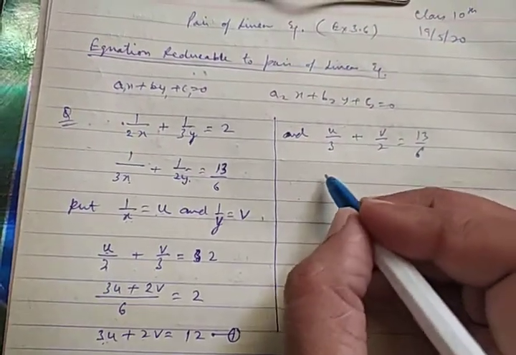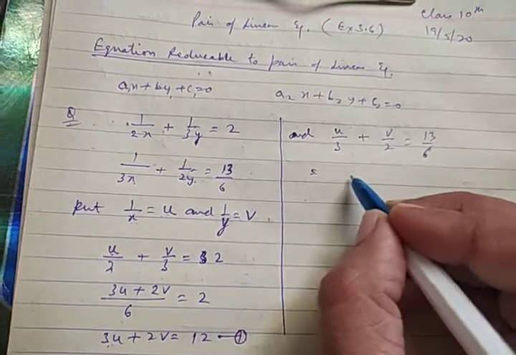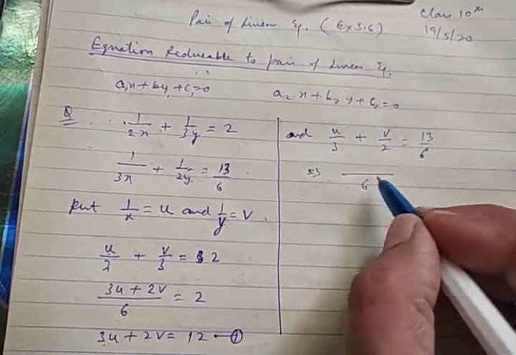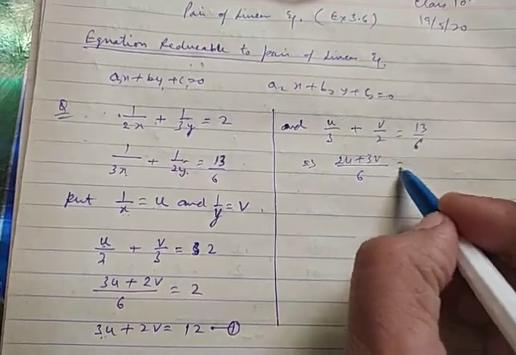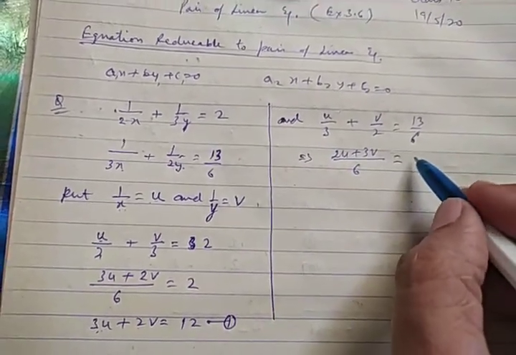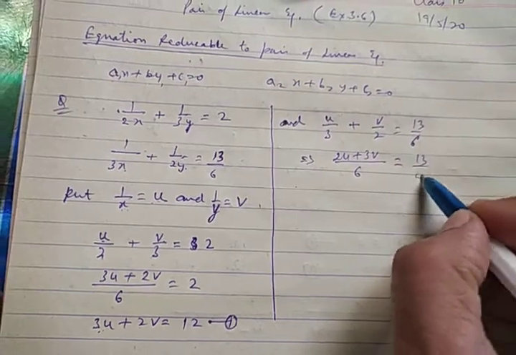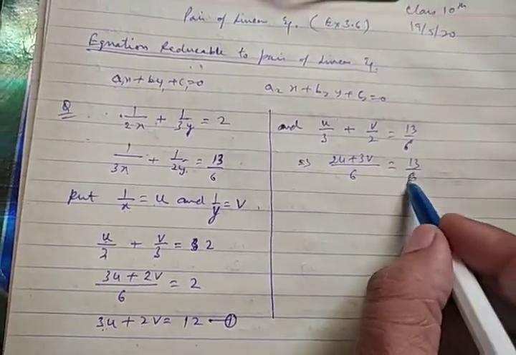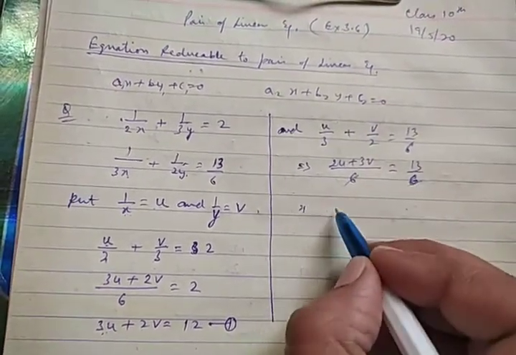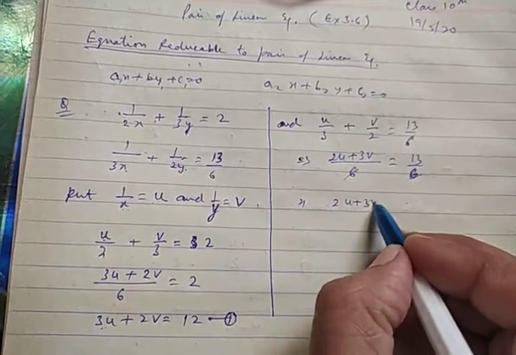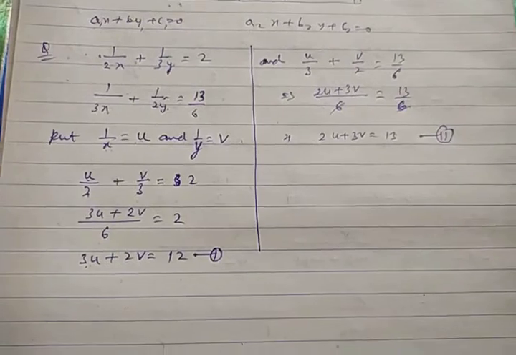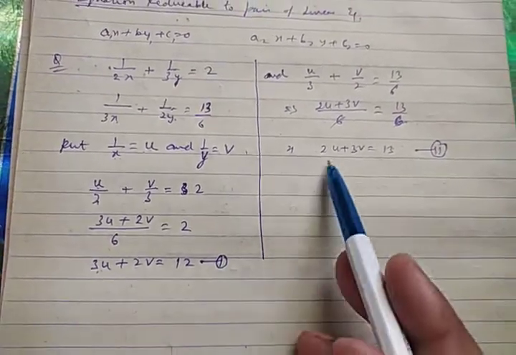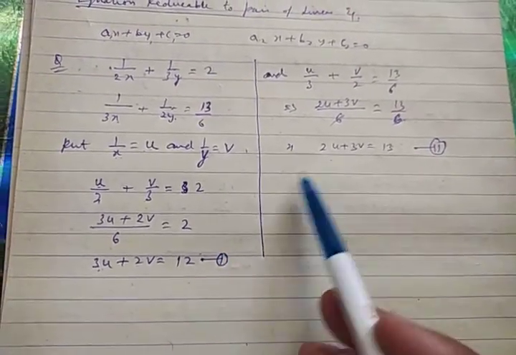Taking LCM 6, it will be 2u plus 3v is equal to 13 upon 6. The 6 in the denominator will be cancelled on both sides. You will get 2u plus 3v is equal to 13. This is equation 2.